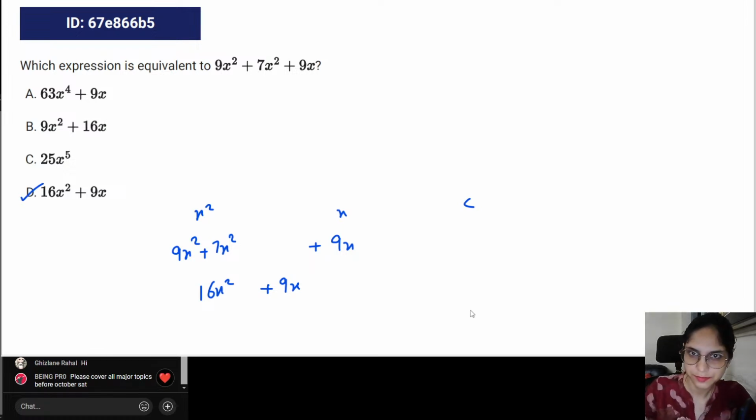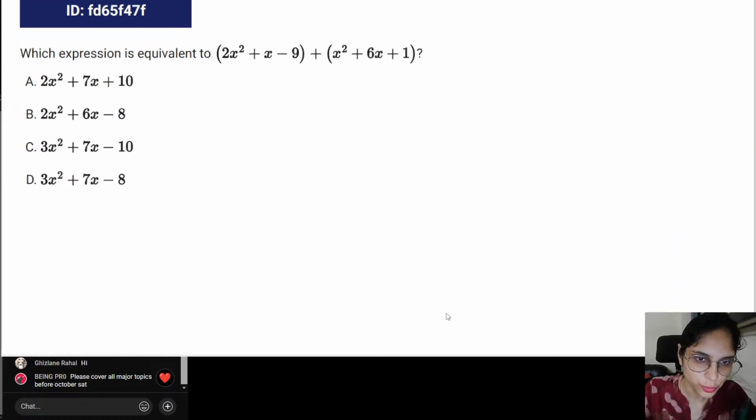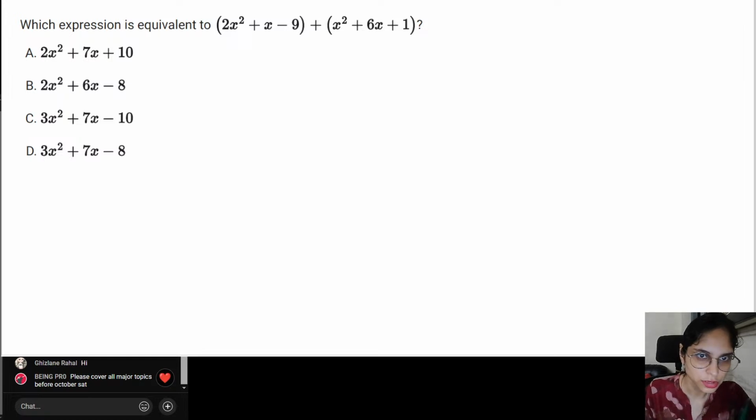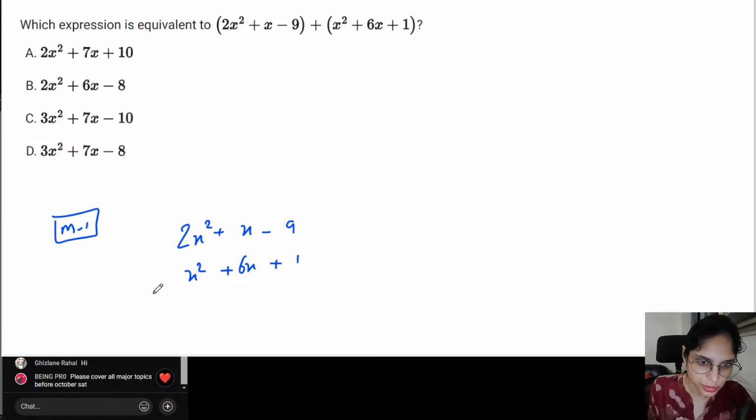52 is the next one. It's also addition of two polynomials. Here you can use the vertical or horizontal method. In the vertical method, you write the first polynomial, rewrite the second polynomial, and write like terms together, all the x squared, all the x, and all the constants, and there's addition. So signs are not going to change. 2 plus 1, 3x squared; 1 plus 6, 7x; negative 9 plus 1.